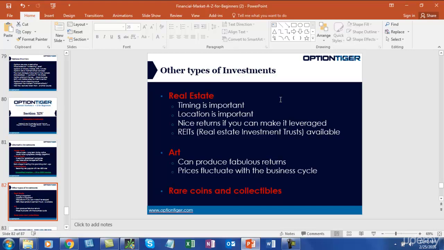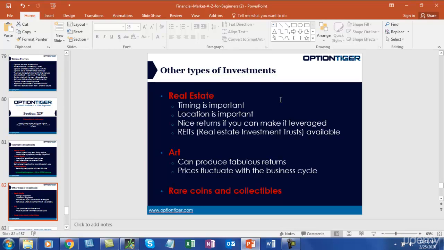Most of the strip malls and everything you see are owned by some kind of real estate investment trust, and those trusts themselves are traded on the stock exchanges. So you can actually buy some shares of those trusts if you know what you're doing, and if you know these companies. That can be a very good way to get into the real estate sector, at least in the US. I believe there are REITs in other countries as well, but in the US they've been popular for a while.